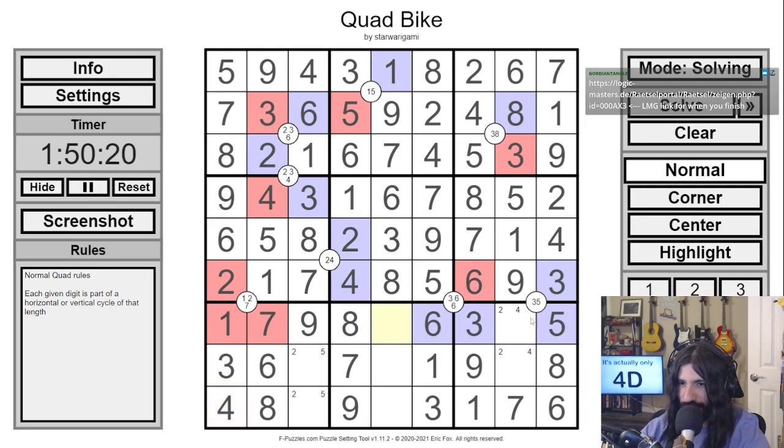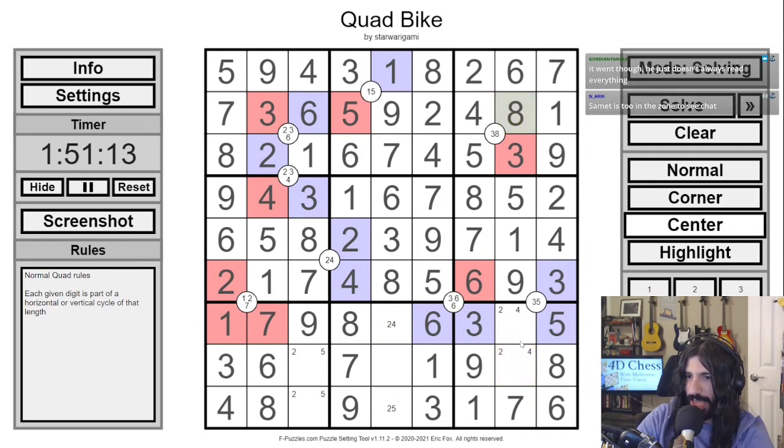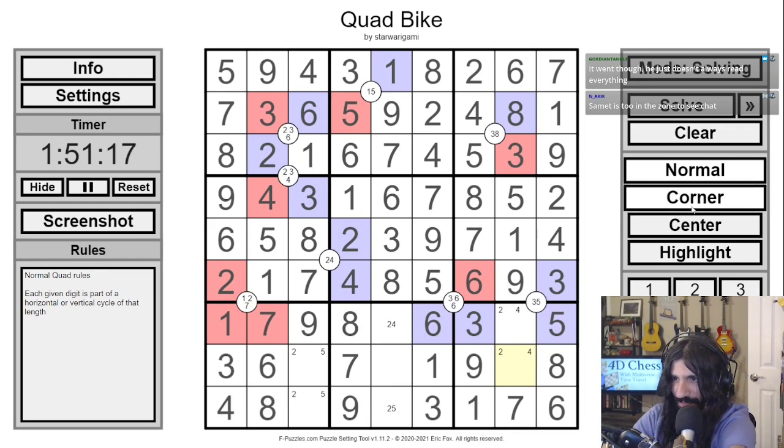This is a 2 or a 4, right? This can't be a 2 because I need... okay, 8 cycle. That's the one. Wow, it cycles all the way to the end is necessary? That's shocking. That's absolutely shocking. So this has to be a 2, so this is a 4.